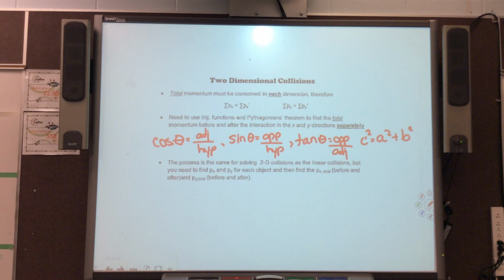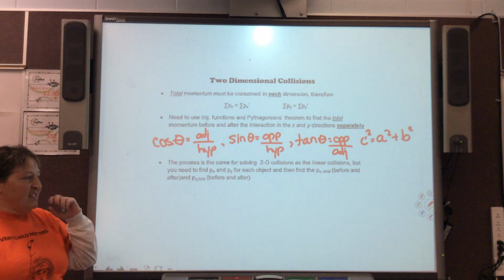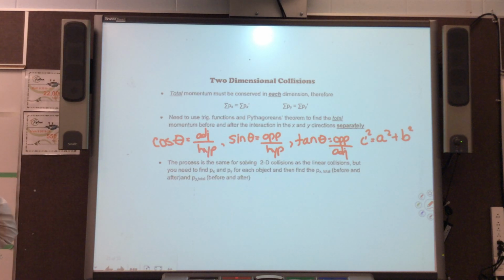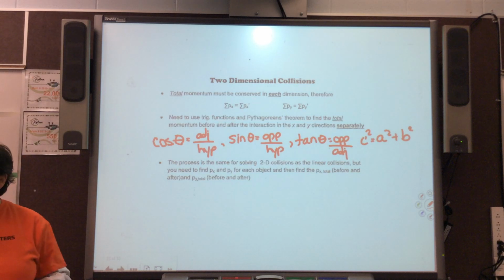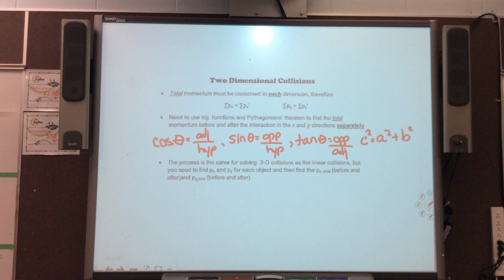Solving 2D collisions is the same as linear, but you have to find P of x and P of y for each object, and then P total and Py total after, and you create that new triangle. Same as when we were doing the boat crossing the river last year in physics, this is the same idea.